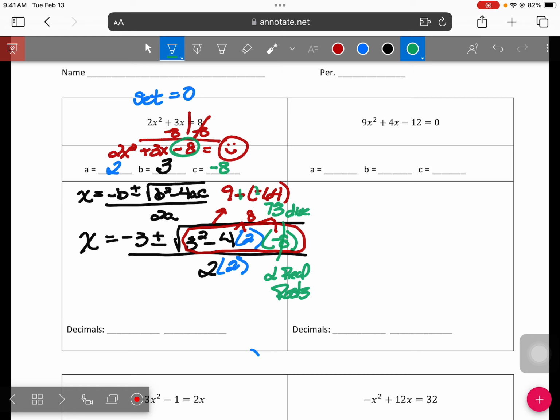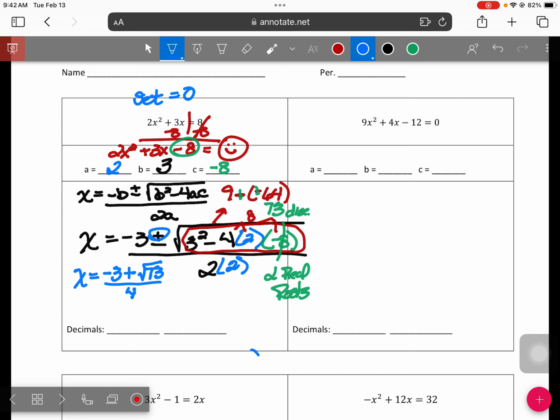So for the positive side, the plus side, I'm going to say X is equal to opposite of 3 plus square root of 73 all divided by 2 times 2, which is 4. On your calculators, see if you can find -3 plus the square root of 73. Hit enter, and then divide by 4.